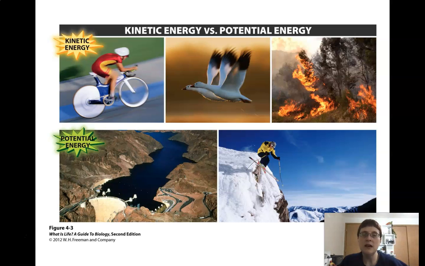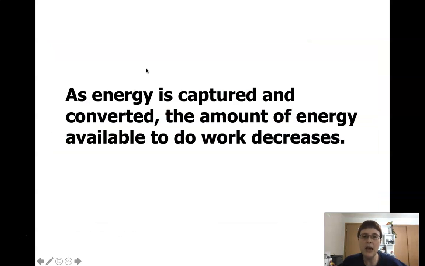So we're going to be seeing, as we go through photosynthesis and cellular respiration, a change from potential energy to kinetic energy, or a change from kinetic energy to potential energy. Right? Now the thing is that every time we go from one to the other, so if we take potential energy and turn it into kinetic energy, something happens.